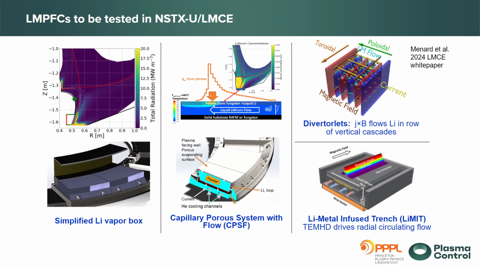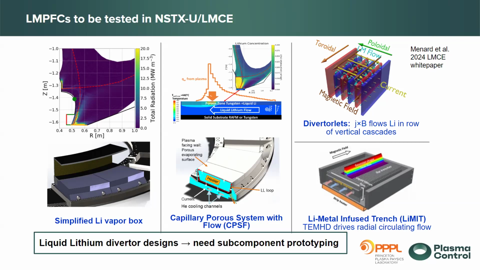I won't go into details of all these LM PFC designs, but I will just put it there that we need to prototype and we need to test all those subcomponent designs. Currently we have a lot of simulations, but eventually we want to do experiments to verify a lot of the concepts that we're developing.